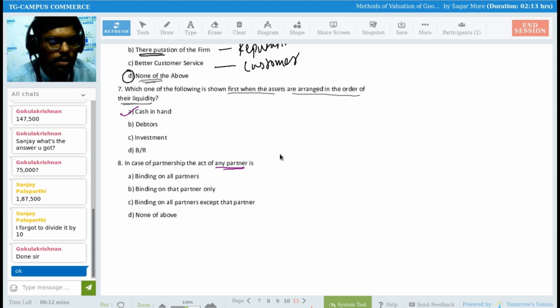If we three are the partners, and if Sanjay is conducting any activity on behalf of the partnership business, for the act of Sanjay, all of us are responsible, right? So in case of partnership, any act of any of the partners is binding on all the partners.